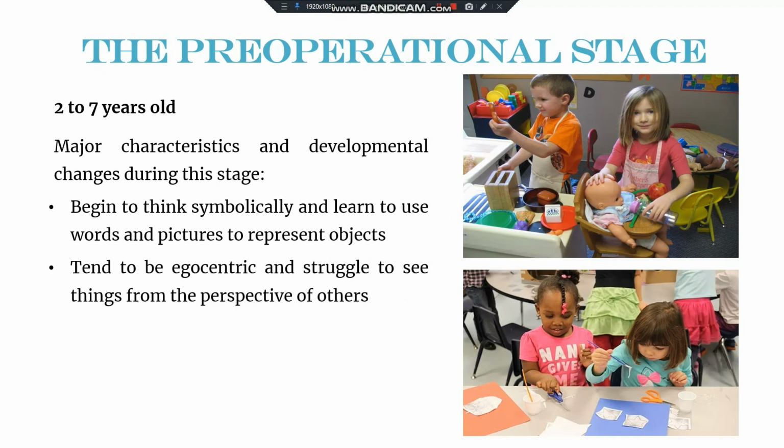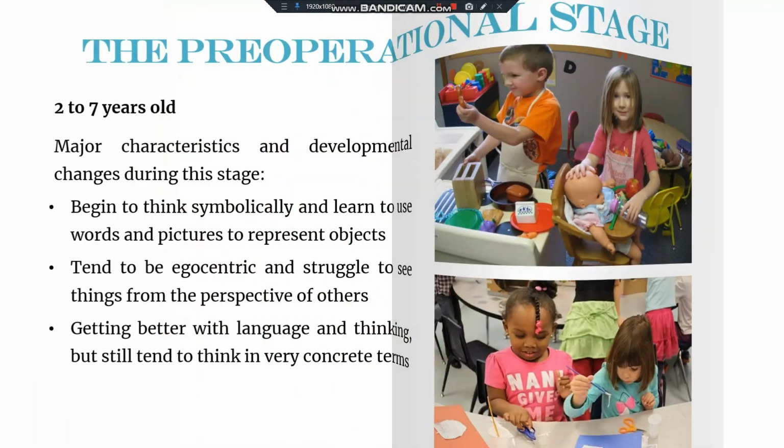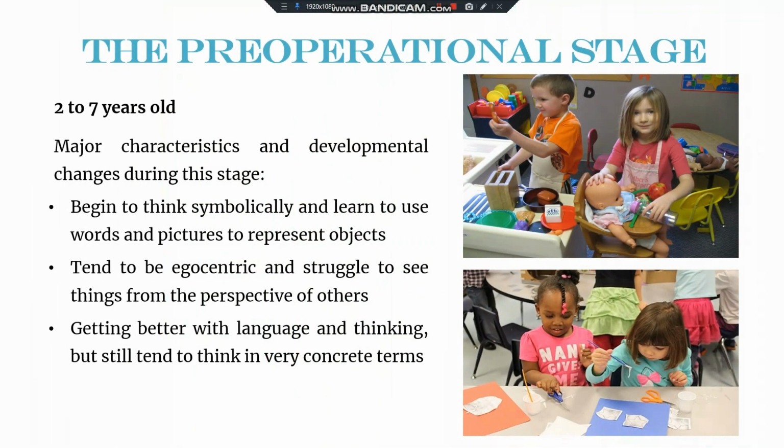They tend to be egocentric and struggle to see things from the perspective of others, and are getting better with language and thinking, but still tend to think in very concrete terms. At this stage, their language use becomes more mature. They also develop memory and imagination, which allows them to understand the difference between past and future and engage in make believe.